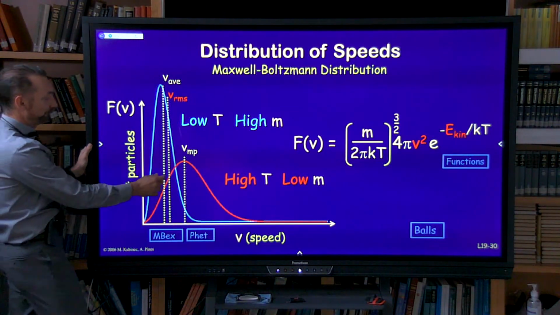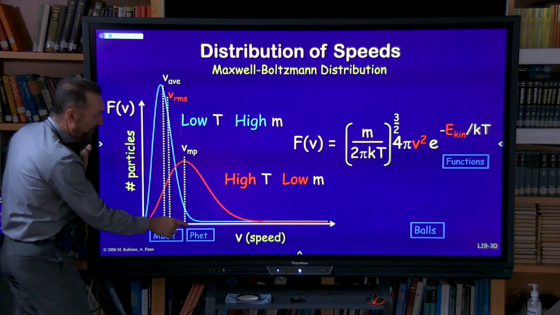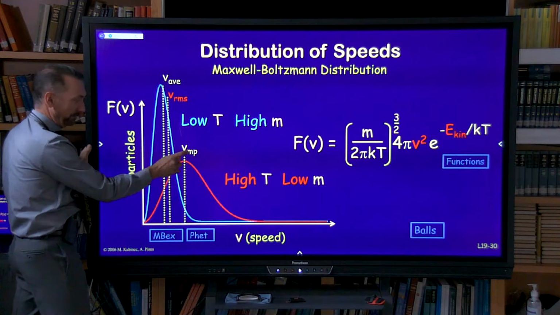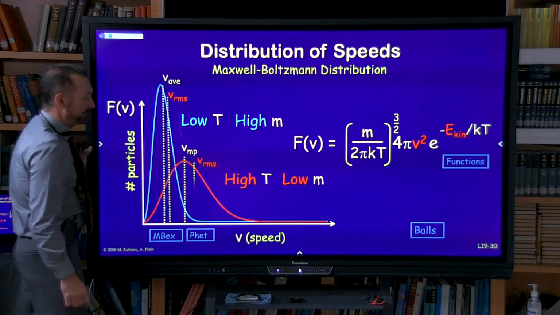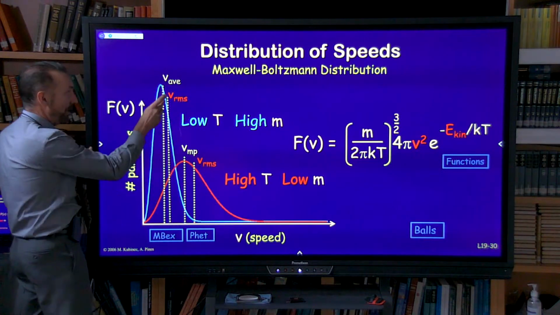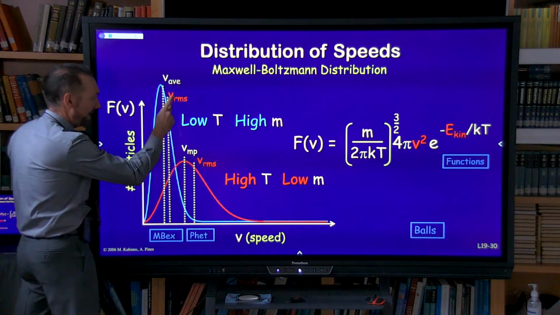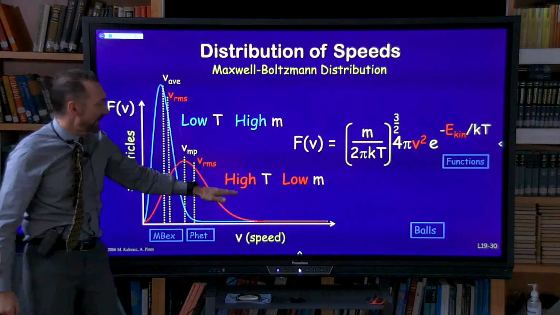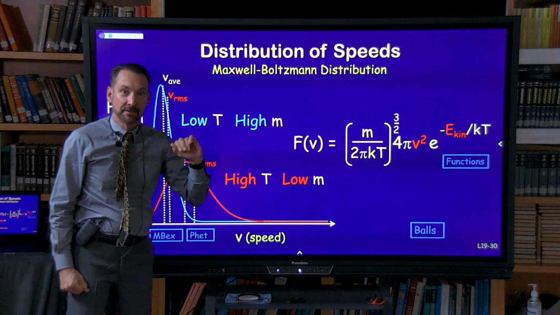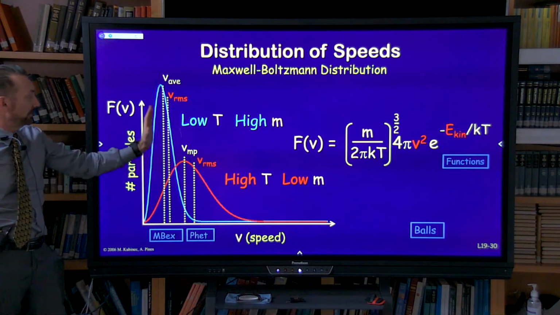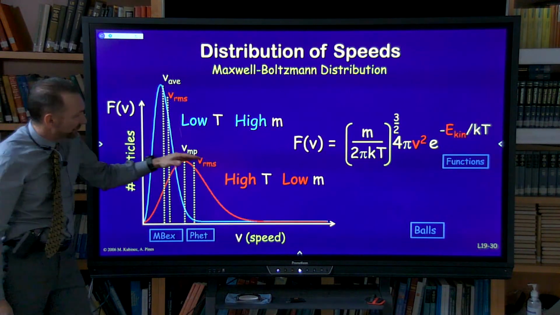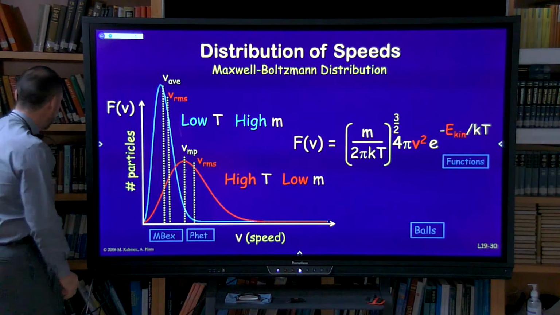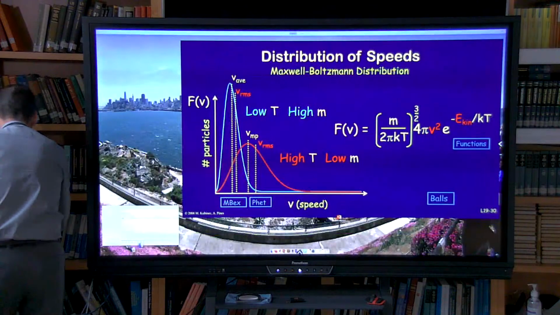And of course, there's still a most probable speed, the very top of the curve. That's the one where the most particles have that speed, but there's also the root mean squared. So the root mean squared velocity on average, going to higher temperature or lower mass, the speeds increase. The average speeds increase. So those shapes are what you need to look at and understand.